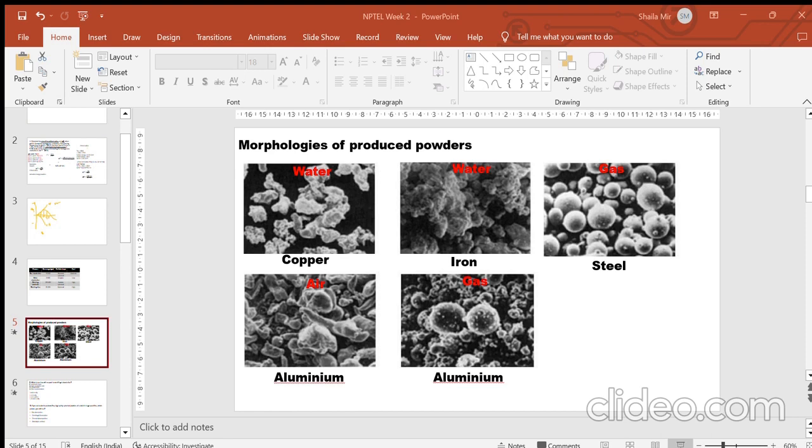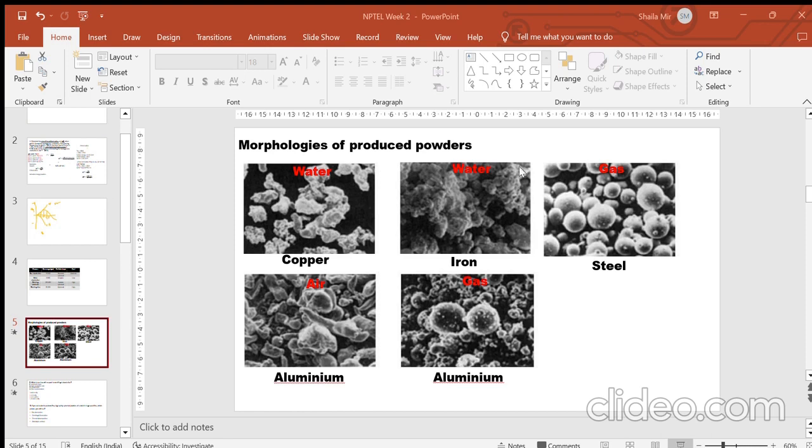So which combination is true for centrifugal atomization? Which of these combinations is right for centrifugal atomization? First one, 1 and 4.